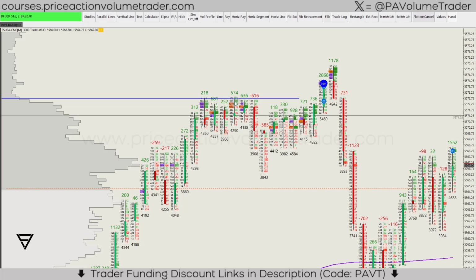And you can see right here how as soon as we come up into this level, we start slamming into big volumes here with a lot of buying. Look at the right side. This is all buying on the right side, and yet the market is not able to push up further.